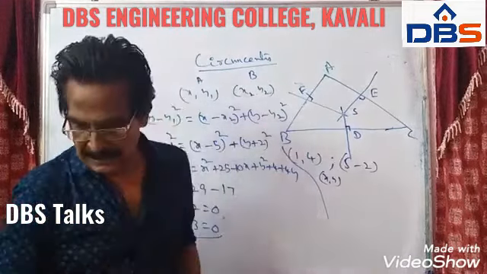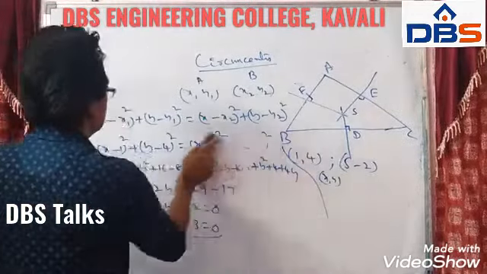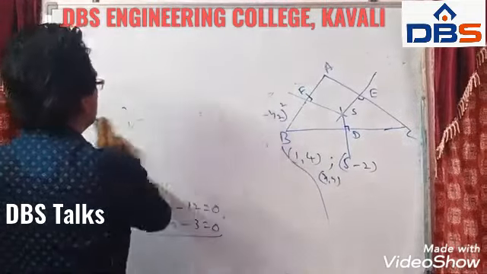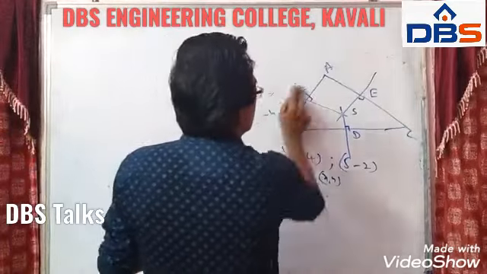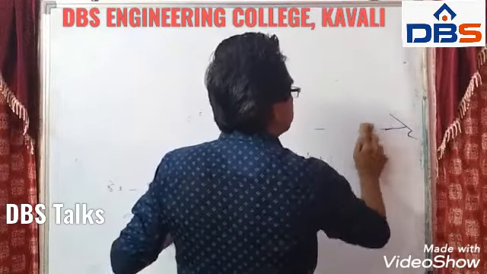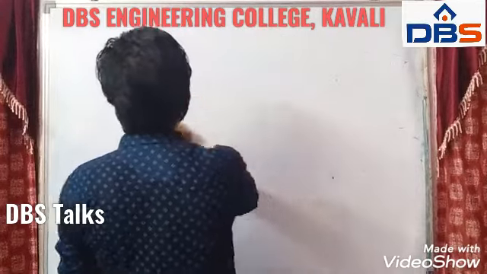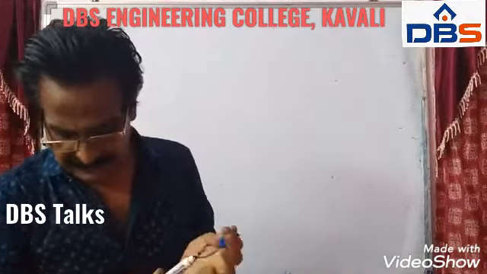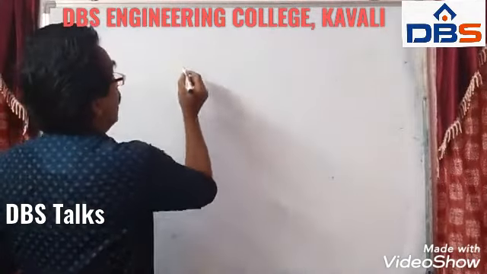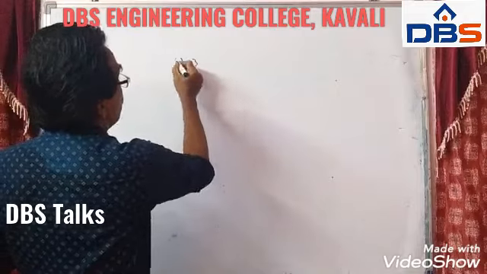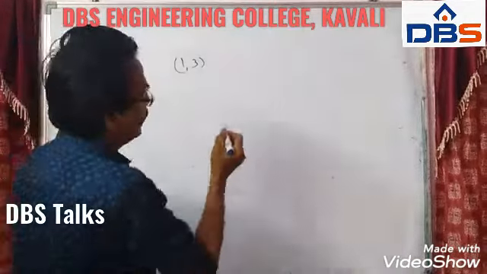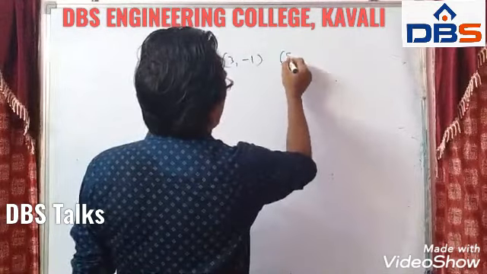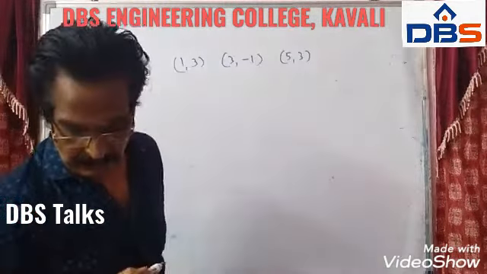Let us do one problem on this. What is the circumcenter of the triangle whose vertices are (1, 3), (3, -1) and (5, 3)?